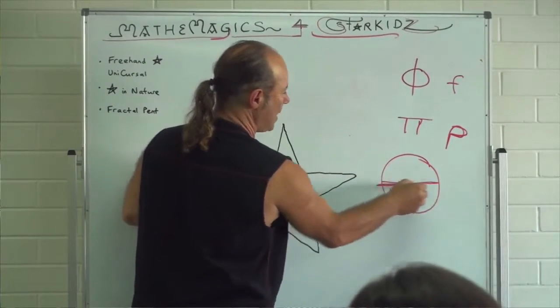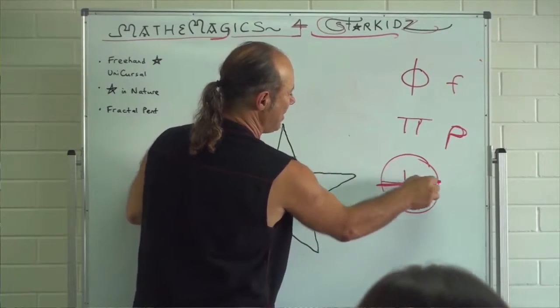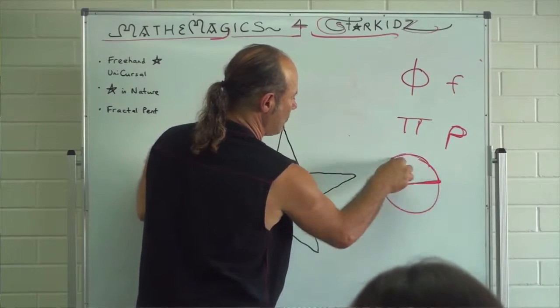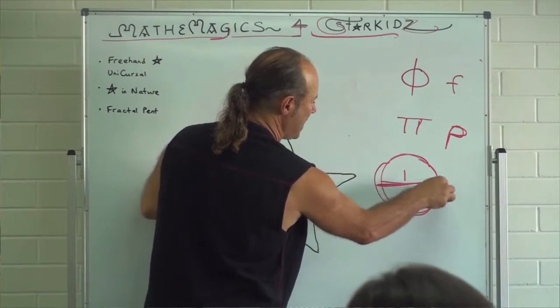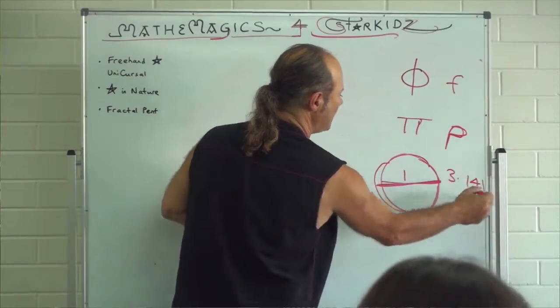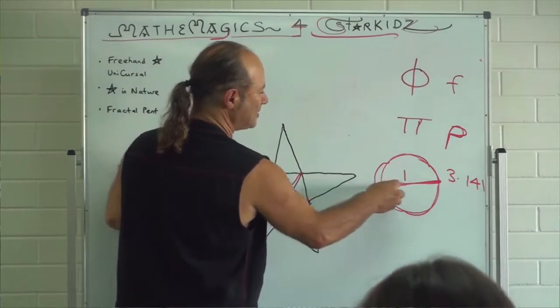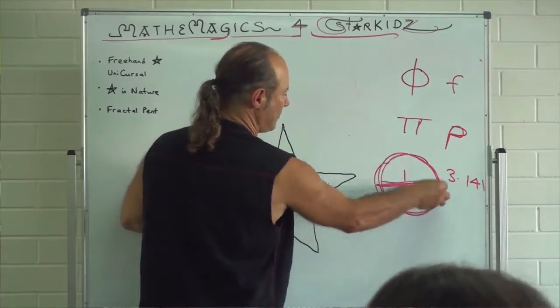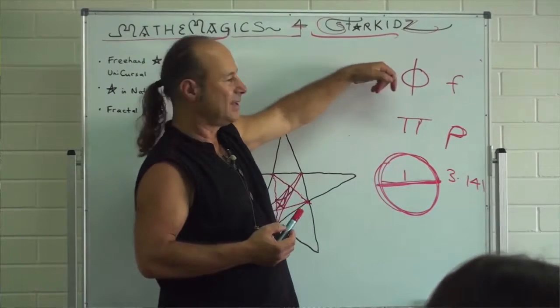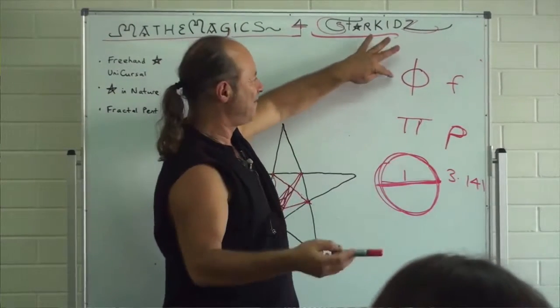If the diameter is one, we can take that like a string and measure 1, 2, 3 and a bit. So pi equals 3.141, based on how many times the diameter goes into the circumference. Everyone knows pi, but the lesson that we're doing today is actually the phi ratio.